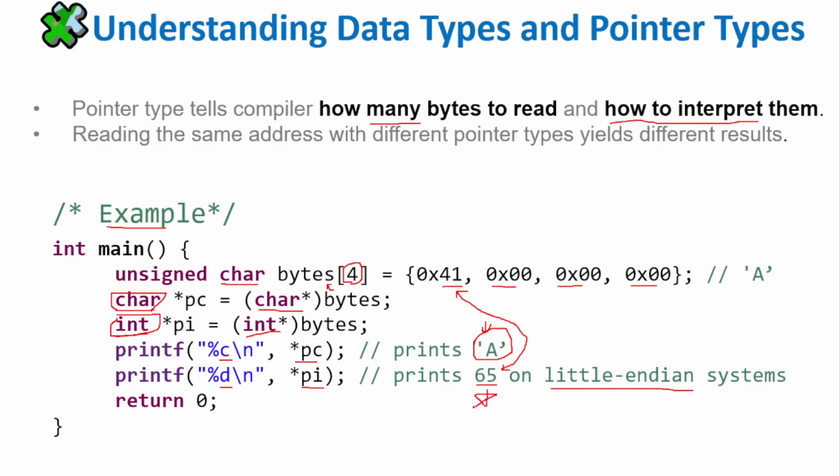This example demonstrates how pointer types determine how memory is interpreted and how endianness affects the way multi-byte values are read in C.